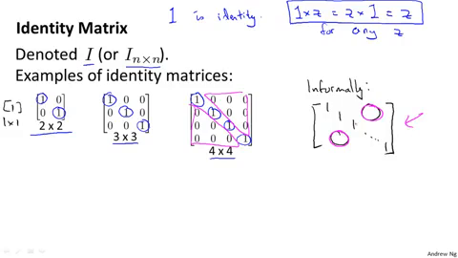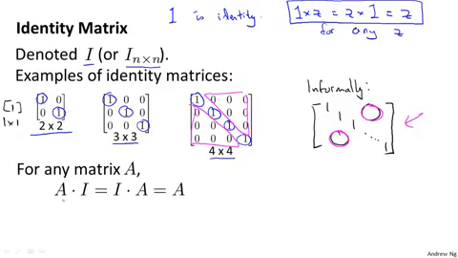It turns out that the identity matrix has this property that for any matrix A, A times the identity equals I times A equals A. So that's a lot like this equation that we had up here, right? 1 times z equals z times 1 equals z itself. So I times A equals A times I equals A. Just to make sure we have the dimensions right: if A is an m by n matrix, then this identity matrix here is an n by n identity matrix.